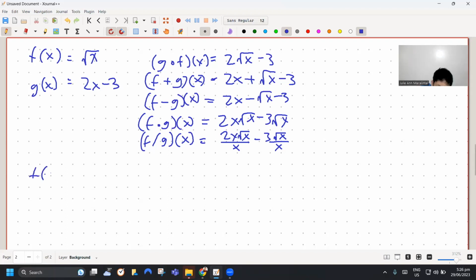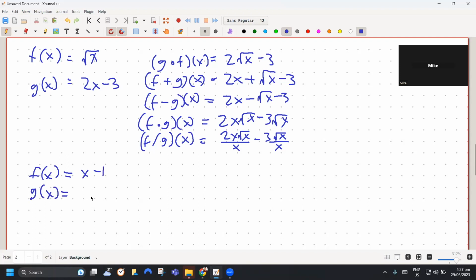So f of x equals x minus 1 and g of x is equal to x minus 1, the same function. Ano yung domain ng functions na yan at ano yung range? So the domain of y equals x minus 1 is all real.